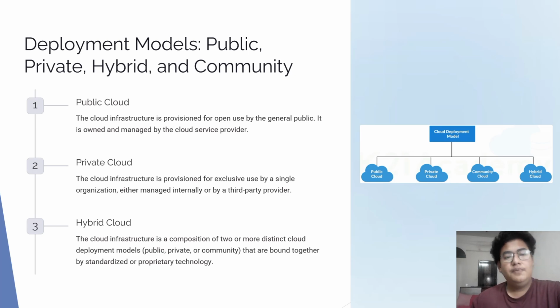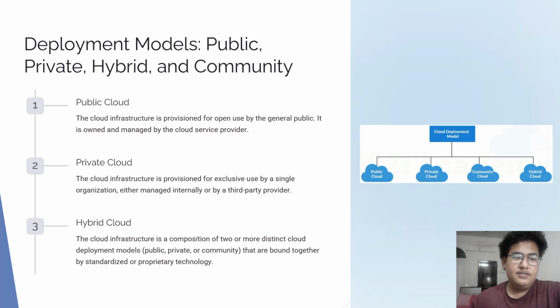Another one is the private cloud. This model is for the exclusive use of a single organization, either hosted internally or by a third party provider. Private clouds offer enhanced control and security, making them ideal for businesses with strict compliance requirements.